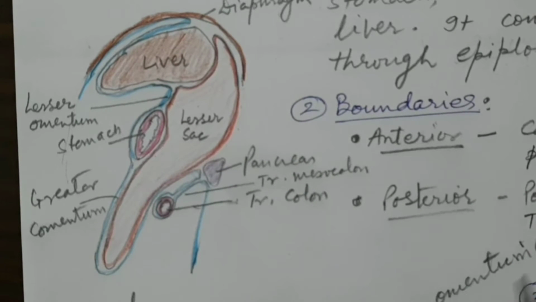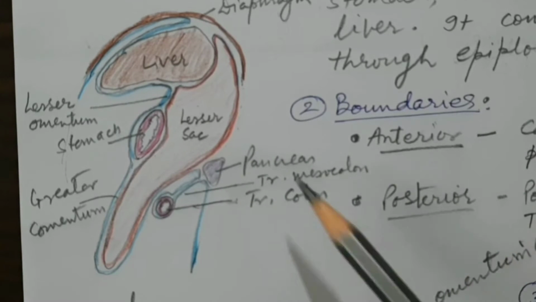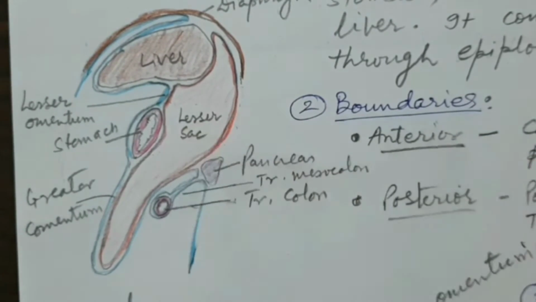Now these structures, the kidney, suprarenal, splenic vessels, together with the pancreas, form what is called the stomach bed. That means the posterior surface of the stomach is separated from these structures through the lesser sac.